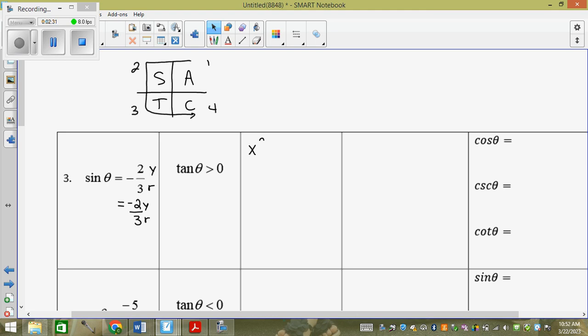So we have x squared equals r squared minus y squared. So x squared equals 3 squared minus negative 2 squared. If you're typing it in, you need to make sure you put it in brackets, because if you put negative 2 squared not in brackets, it's going to tell you it's a negative 4, which it is not.